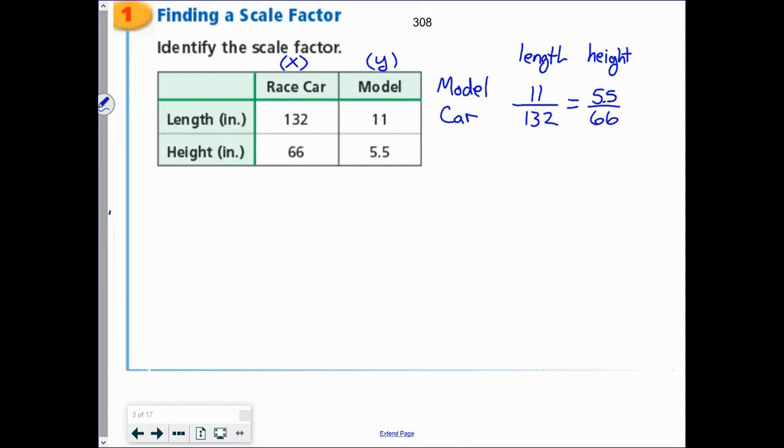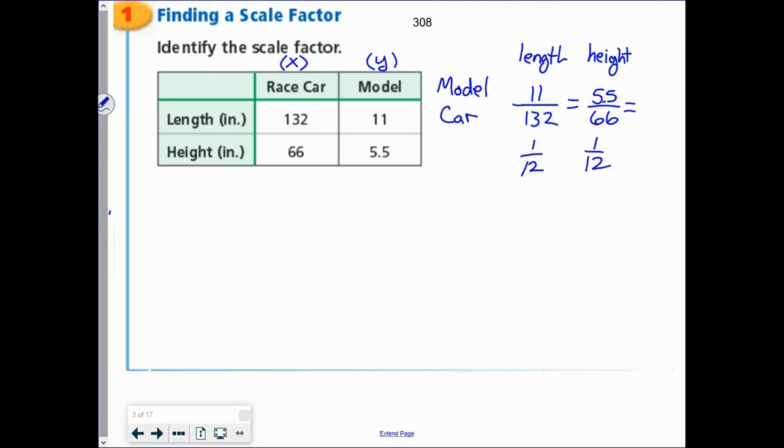So when I look at that, I'm going to ask myself, okay, how do I reduce those? Well, 11 will divide equally into 132, and it happens to go in 12 times. So that is 1/12. 5.5 goes into 66 equally as well, 1/12.